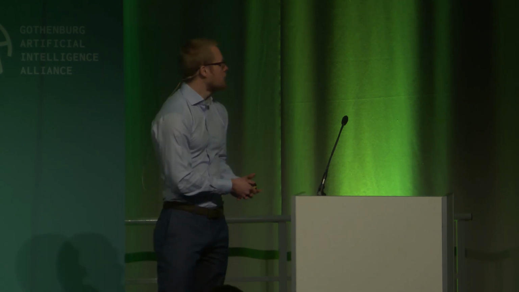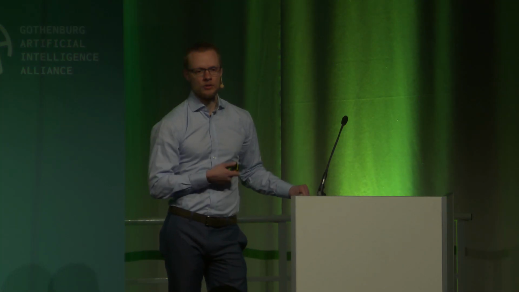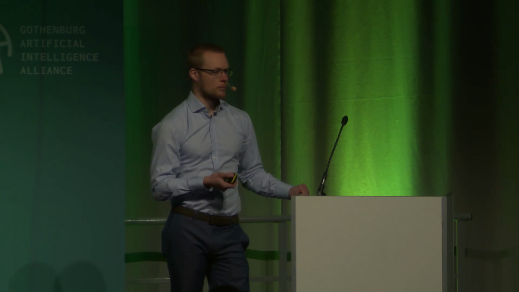If you have to write a special ML solver for differential equations, that is probably not going to be what you go to if you want to solve a traditional ODE, because it doesn't have all the options, it doesn't have callbacks, it's not fast, it doesn't have the particular ODE method you will want to use for your particular science problem.